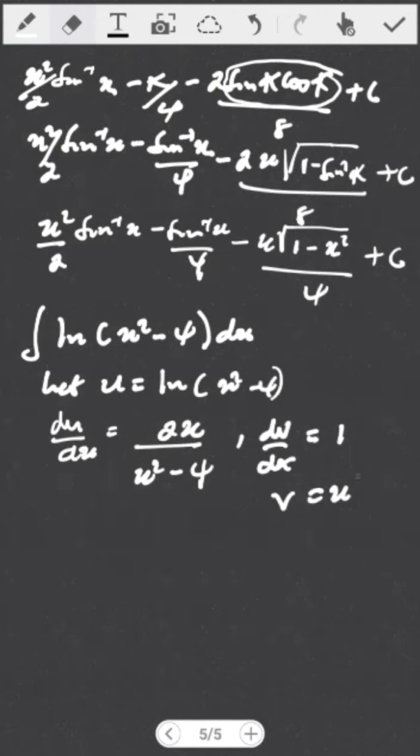So out of that, I put it back into our expression.